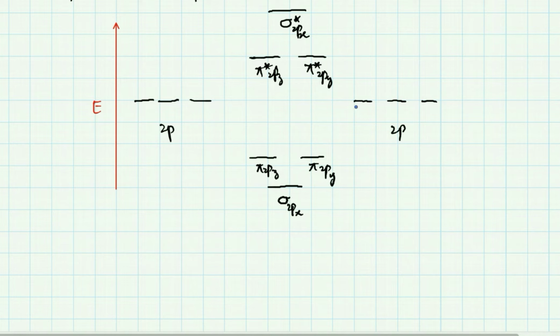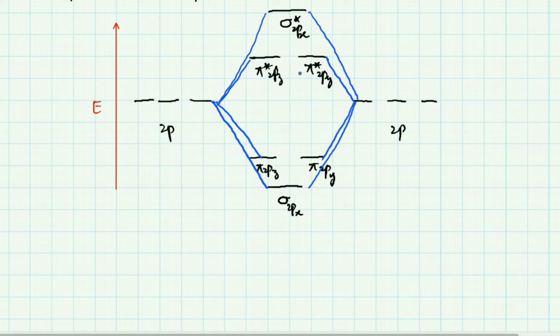So we show this with different colors. This is just to have a diagram to show that these atomic orbitals are combining to give rise to these molecular orbitals.